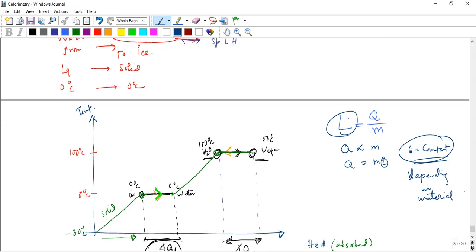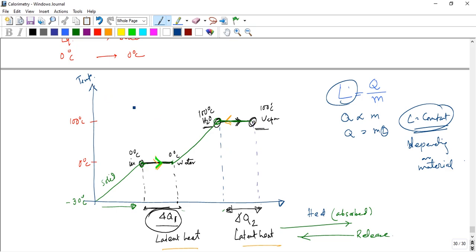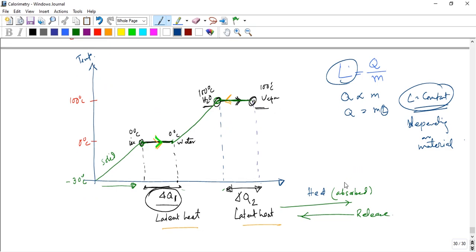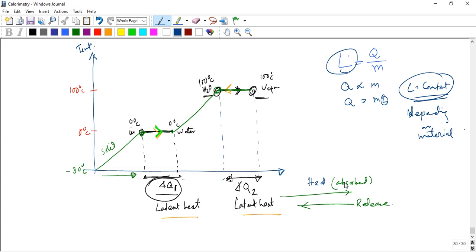Clear? That was the graphical representation of temperature and heat released and absorbed.